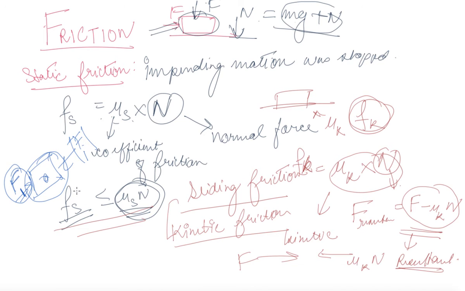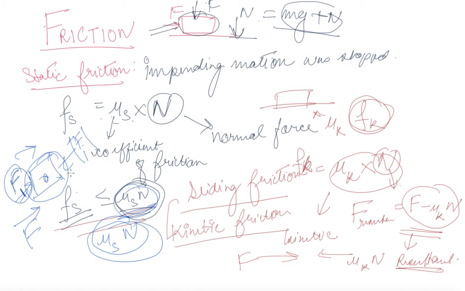But what I want to amplify is that the maximum value that the static friction will give as the opposing force is always the coefficient of static friction into the normal force. So if a force F is beyond this, then the body starts moving.